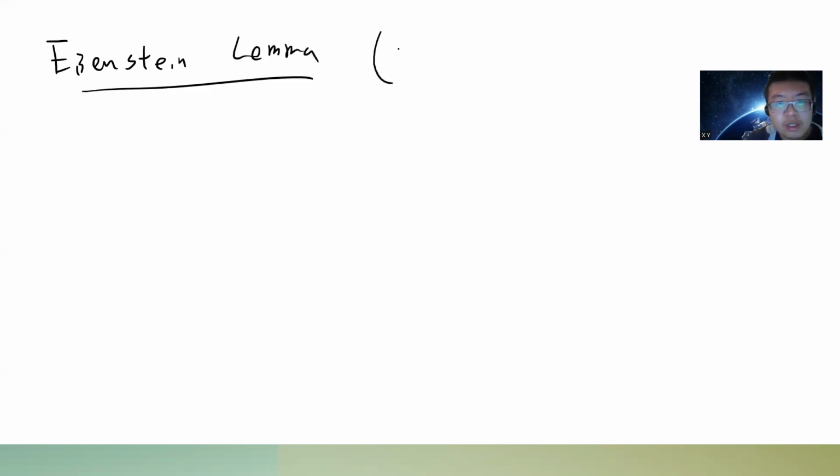So the idea is Eisenstein's lemma. This lemma is similar to Gauss's lemma, and one can actually prove this by Gauss's lemma. I will leave that for a future video. The Eisenstein lemma looks like this.